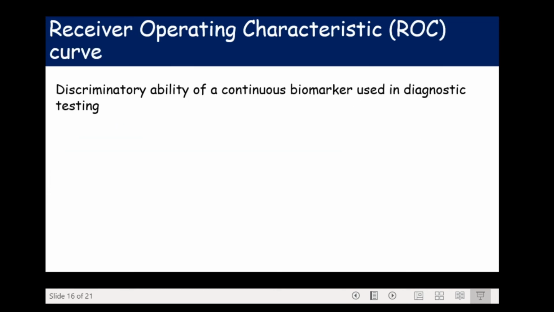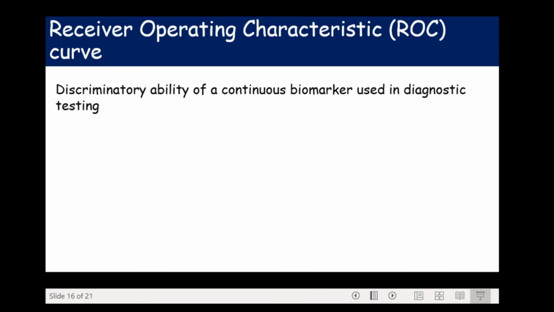Routinely, we invariably measure sensitivity and specificity of a binary test marker to test its diagnostic accuracy, but there is one robust and very handy statistical method to further test the diagnostic accuracy of a quantitative marker. This is known as the receiver operating characteristic curve, or in short, ROC analysis.